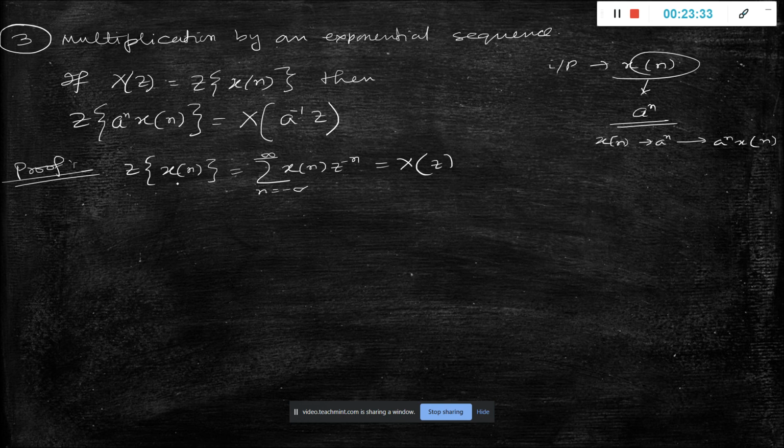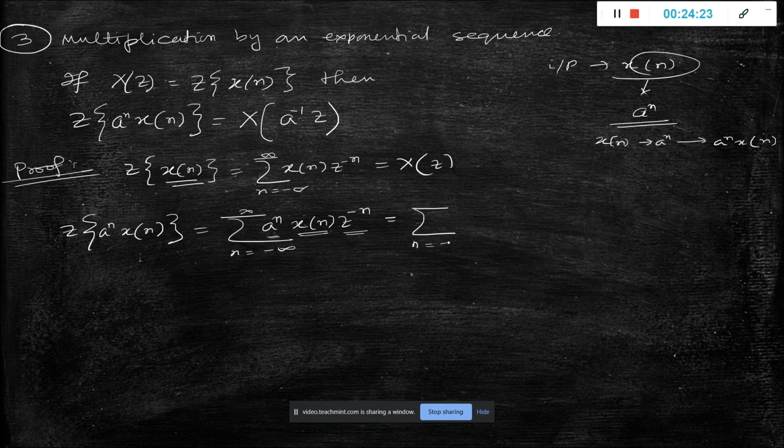ओके. नाउ यहां पे मेरा इनपुट क्या है, a टू द पावर n xn. सो z ट्रांसफॉर्म ऑफ a टू द पावर n xn कैन बी रिटन एज n इक्वल टू माइनस इंफिनिटी टू प्लस इंफिनिटी a टू द पावर n xn z टू द पावर माइनस n. ओके. नाउ यहाँ पे मेरा मेन क्राइटेरिया है, यहाँ पे मेरा मेन इक्वेशन को अरेंज करना है. नाउ रीअरेंजिंग, देखो यहाँ पे x का फंक्शन n है और यहाँ पे देखो z का भी पावर n है और a का भी पावर n है. z का माइनस n है, a का प्लस पॉजिटिव n है. तो हम क्या करेंगे, जिसका पावर n है उन सबको एक साइड कर देंगे. सो नाउ रीअरेंजिंग द सीक्वेंस और द इक्वेशन वी विल गेट x of n z to the power minus n and a to the power n.